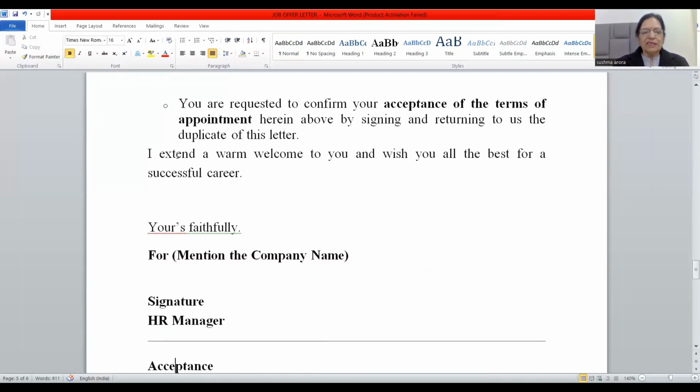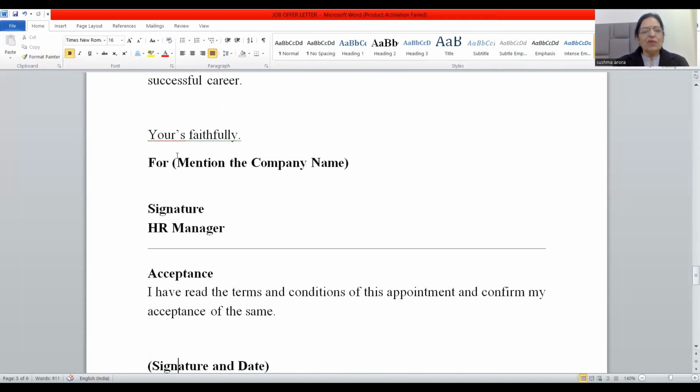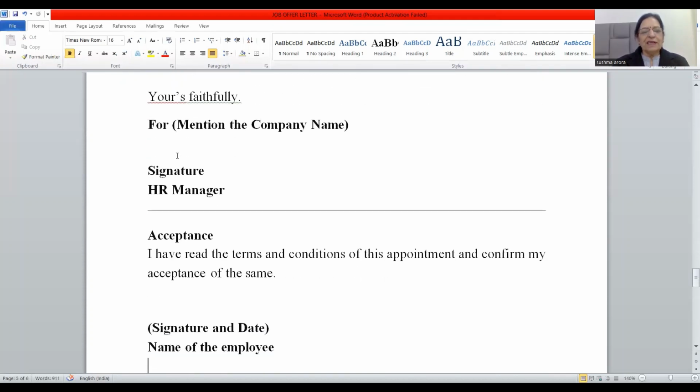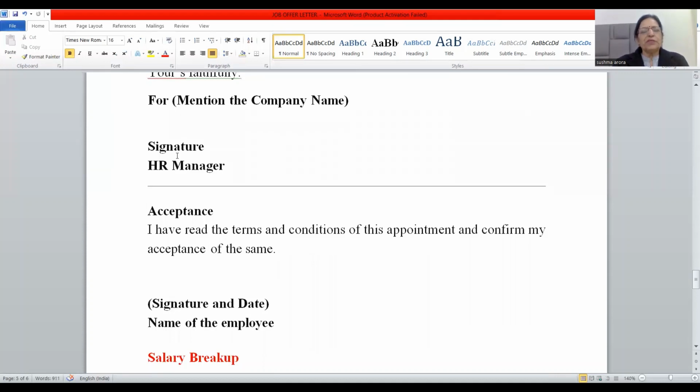So here, friends, the company name will be there, the HR manager, whosoever is the HR manager, whichever is the company, that company's name will be mentioned. And now coming to the acceptance letter, let us presume, friends, that the employee has read all the terms and conditions, and he is of the view that he is okay with all the terms and conditions and he should join this company.